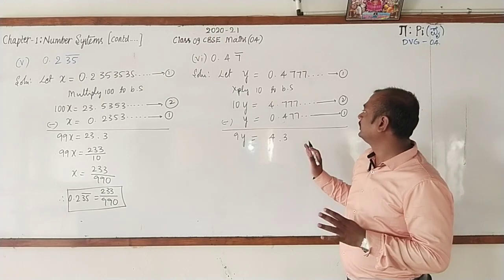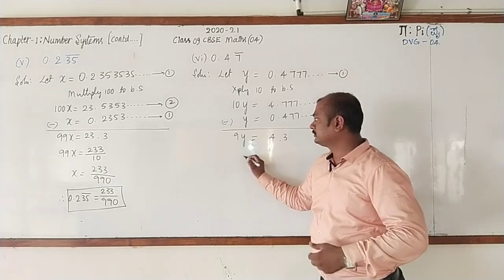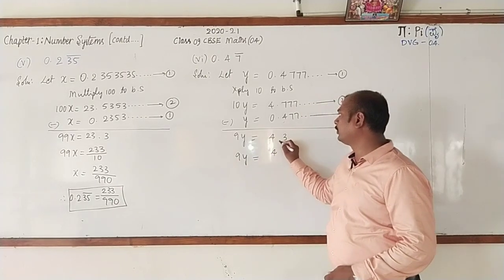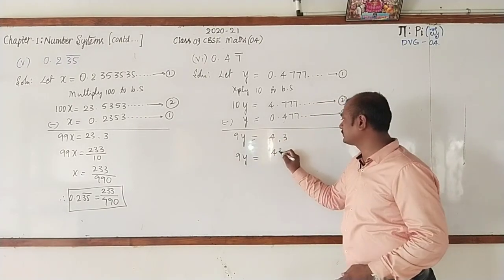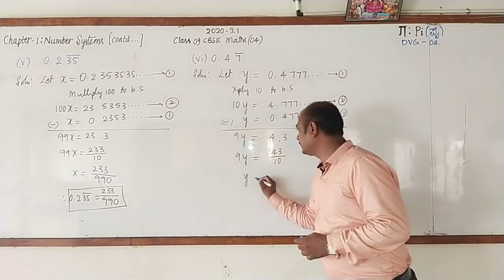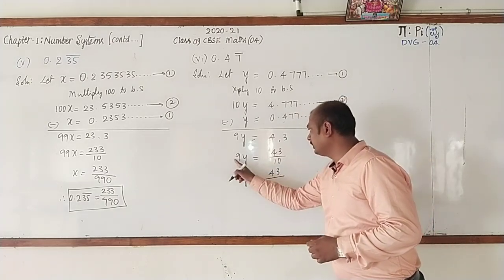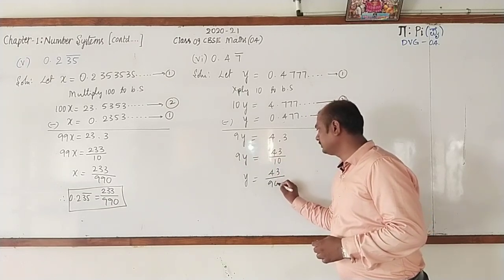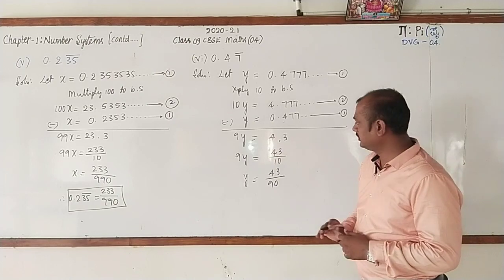Clear? Now, you can write like this: 9y is equal to 4.3. It can be written as 43 by 10, right? Then y is equal to 43 by 9 into 10. It is 90. Understood?